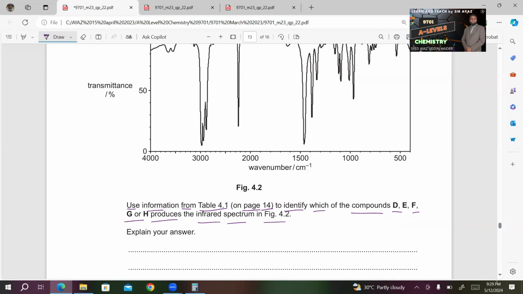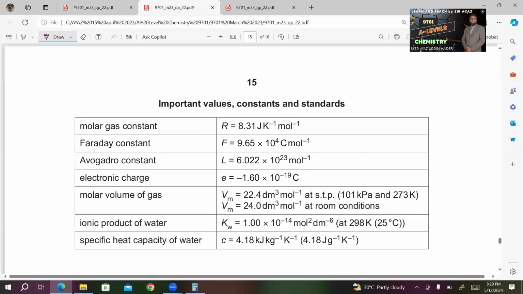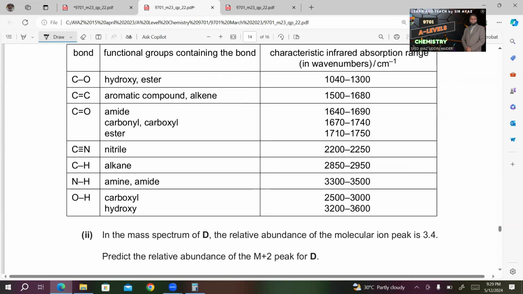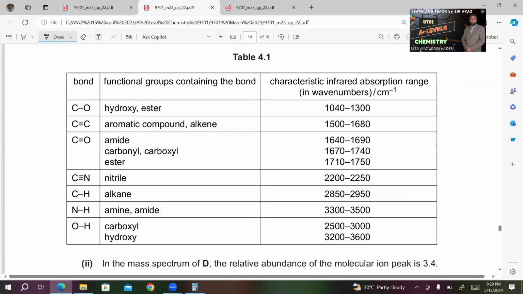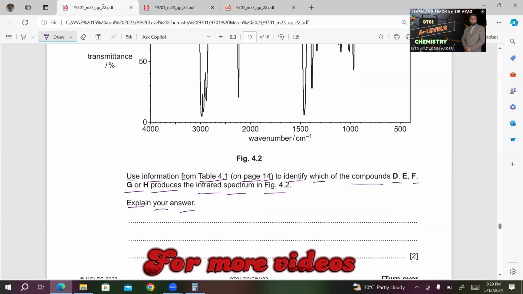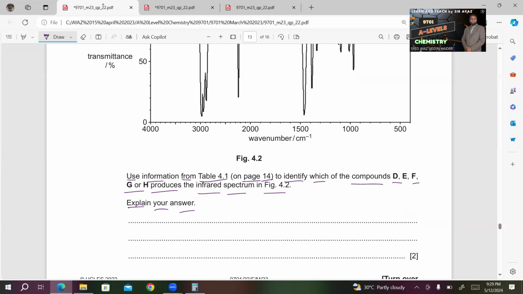So on page 14, we need to consider this table. For your convenience, I will draw the structures of compounds D till H.